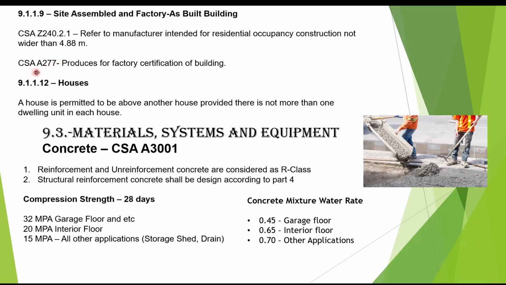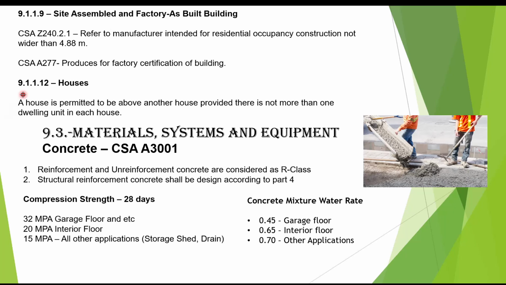Now CSA A277 covers the factory certification of buildings. Just keep this in mind. You don't really need to know it, but I put it in there so that you will get aware of what the OBC looks like sometimes.